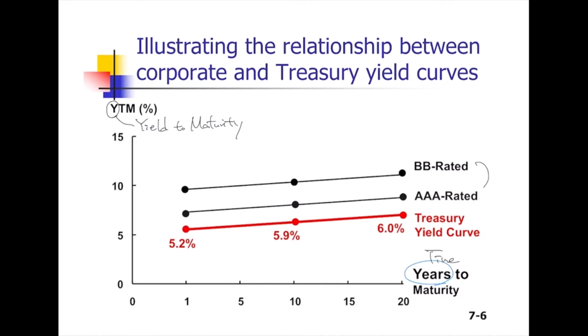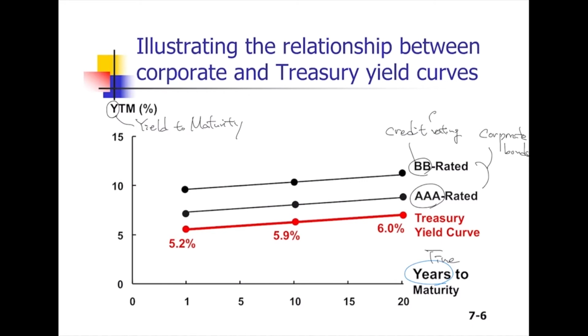These two are corporate bonds, right? And what does BB and AAA mean? This means the credit rating.